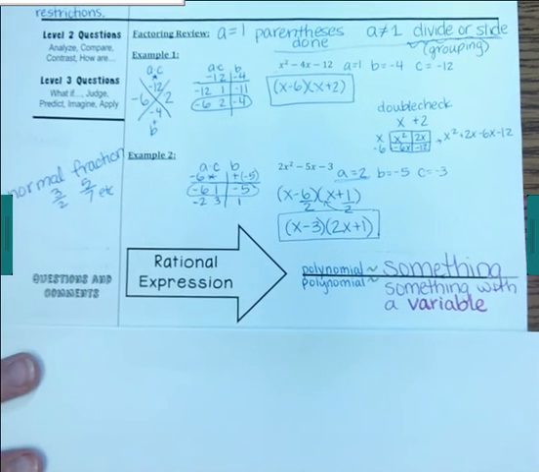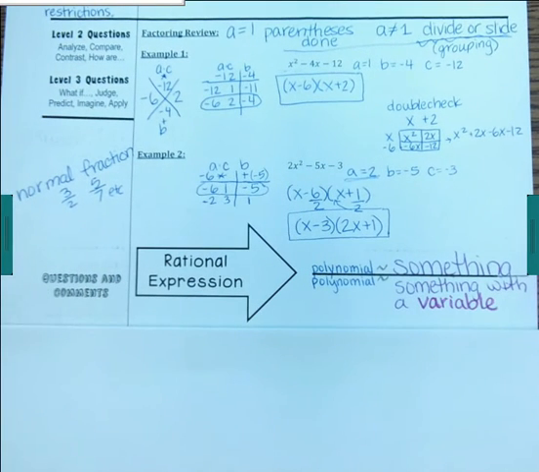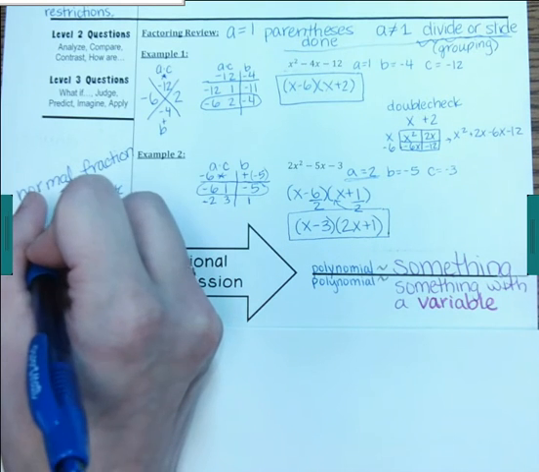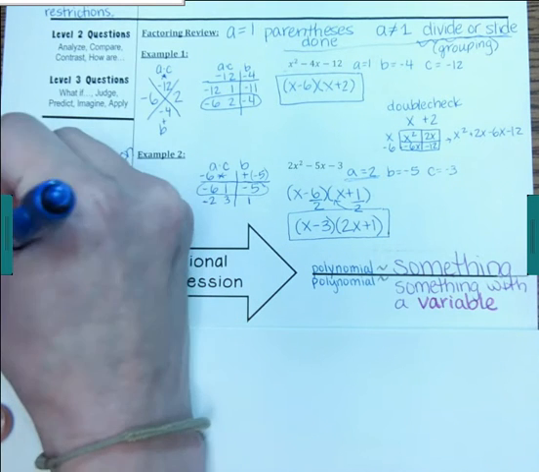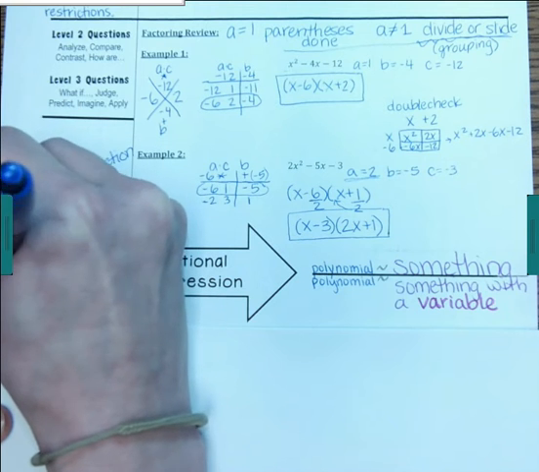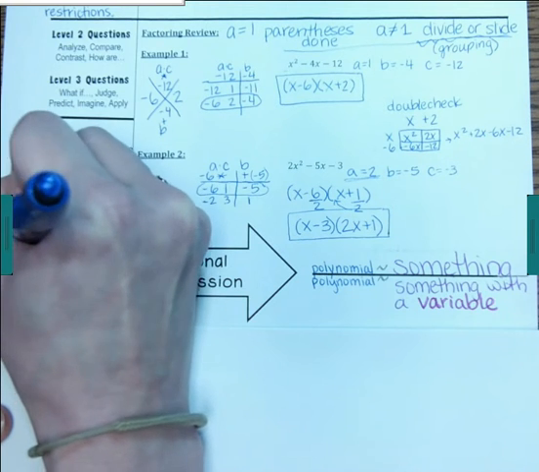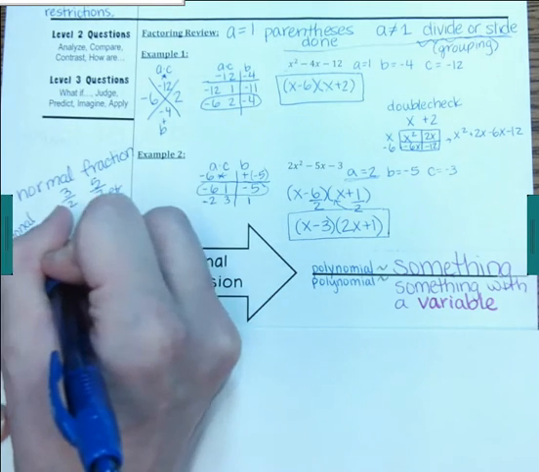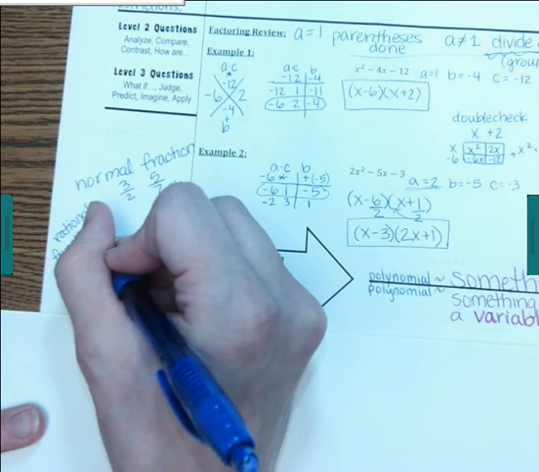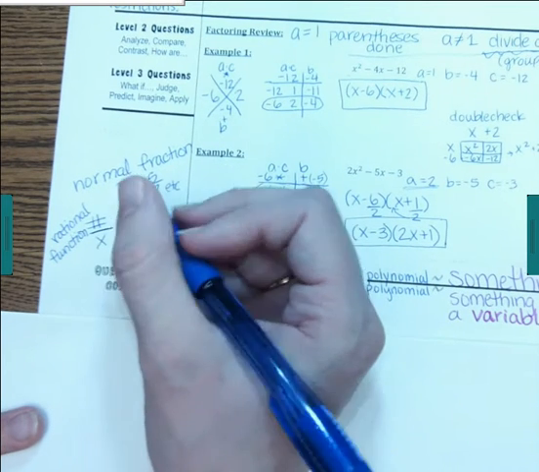However, in order for it to be a rational expression, we need to have some number. Actually, let me label this. This is going to be a rational function. We need to have a number over something that includes a variable like x.